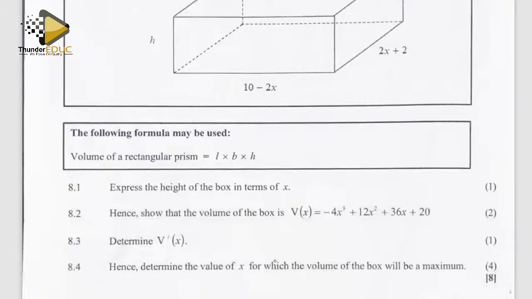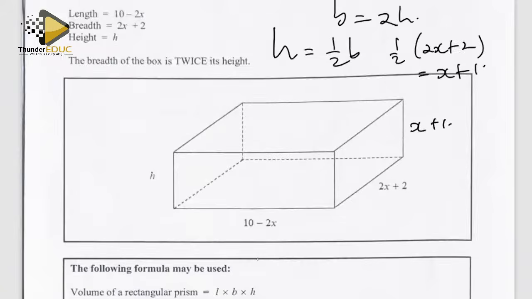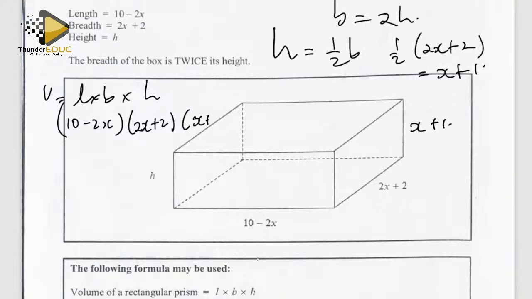Okay, then hence show that the volume can be written as that. So with the volume, we just need to get the length times the breadth times the height. So if it's 10 minus 2x, our breadth is 2x plus 2, and then that is x plus 1. Let me open with the 10 first, which means it's going to be 20x plus 20 minus 4x squared minus 4x.